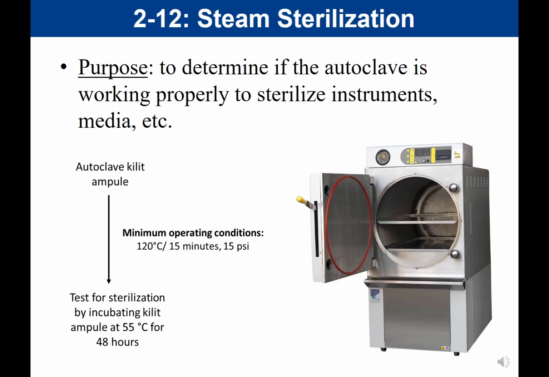So when we do this, what we do is we take that powder, dissolve it in the water, put it in a flask, loosely cover the flask, put the flask into the autoclave, and we run the autoclave for those minimum operating conditions. Now, doing that serves twofold. One, it gets the temperature above 100 so that the agar will dissolve.